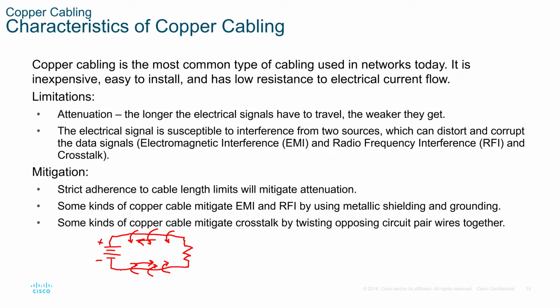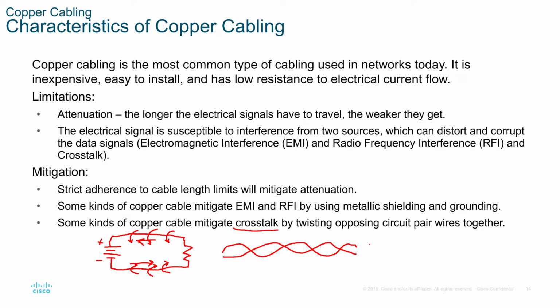So if I take these two wires, one going out, one coming back, and twist them into a pair, one magnetic field cancels out the other magnetic field, and we eliminate crosstalk.